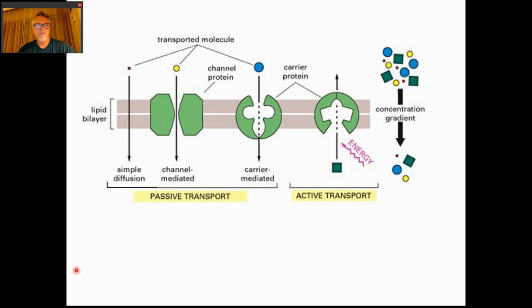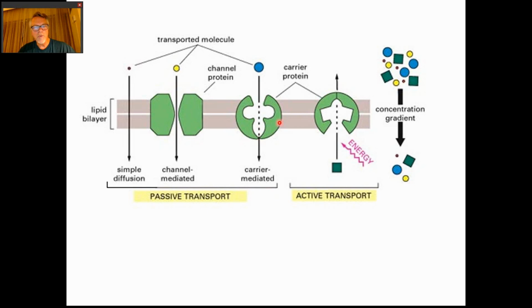All right. So here's our transported molecule. The tiny little purple dot is small, and it can just diffuse across the membrane down its concentration gradient. All right. More purple dots outside than inside. So that's an example of simple diffusion. There's also the channel, the donut or tunnel, and that's what allows the yellow dot to move across. Again, there are more yellow dots outside than inside, so the concentration gradient will drive the yellow dot into the cell through its channel protein.